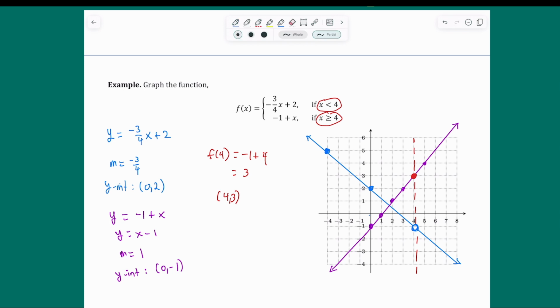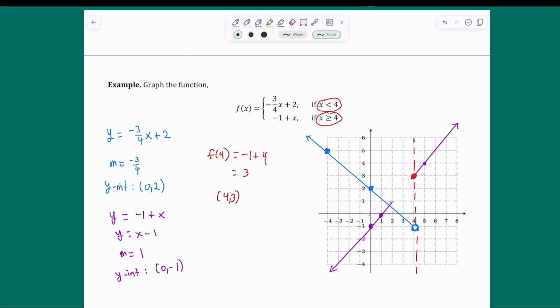Okay, so that means to the left, it's going to be everything that's in the blue. So I'm going to get rid of the blue on the right because it's blue to the left of that line because x is less than 4 there. But then x is greater than or equal to 4, and that's the purple line. And so that means I'm going to delete everything to the left of the purple line.